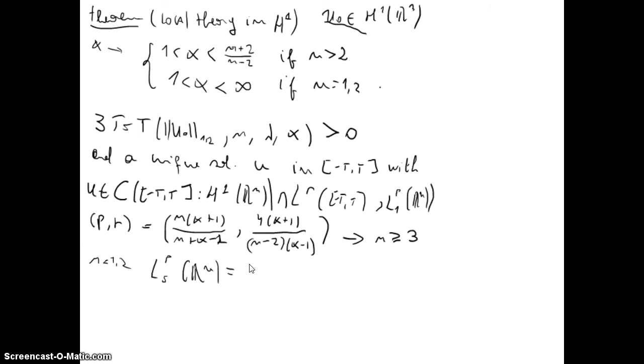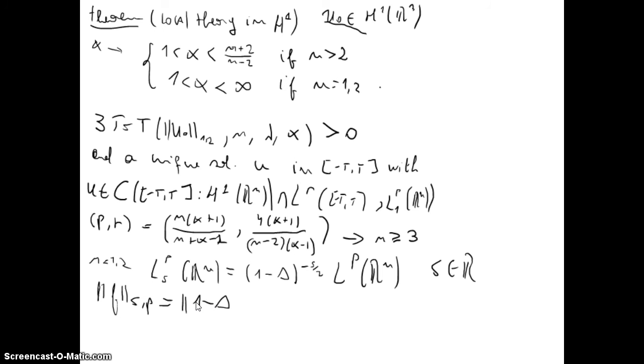This was (1 minus Laplacian)^{-s/2} L^p(R^n), where s is in R, and we had that the norm of L^{p,s} was (1 minus Delta)^{s/2} f in L^p.